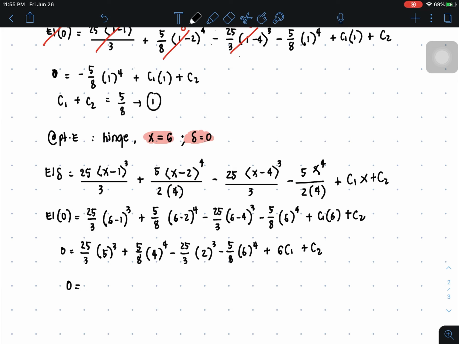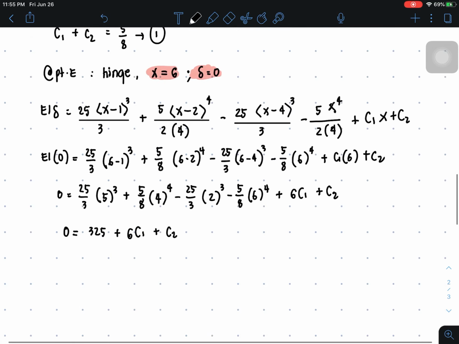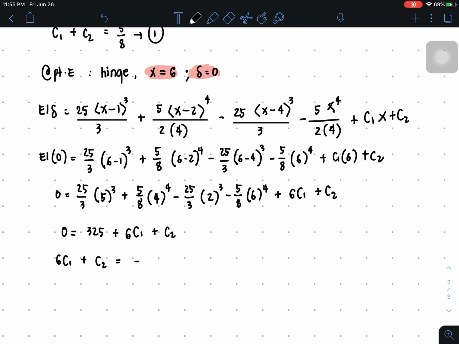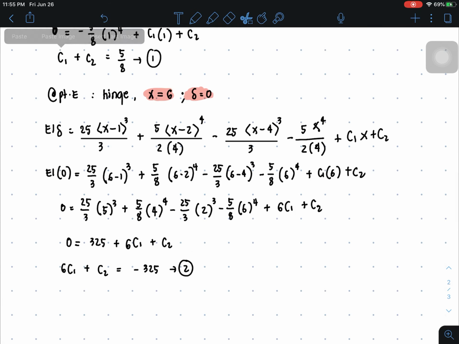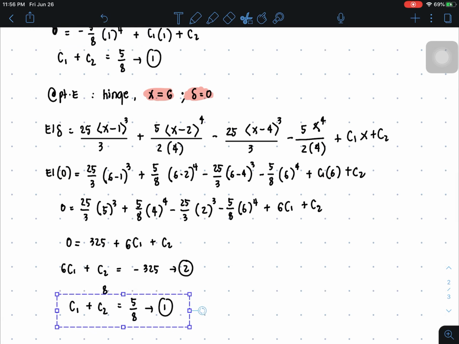The answer is 325. So that's 0 equal to 325 plus 6c1 plus c2. And we can rewrite that as 6c1 plus c2 equal to negative 325. Equation number 2. So together with equation number 1, kani atong kopyahon and paste it here.